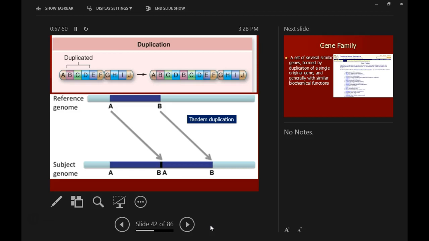In fact, here's a type of duplication that's called a tandem duplication. Here's the original, and then the original makes a copy of itself, and now you have two identical sequences right next to each other. This is amazing. So now you have the original, and now you have a backup.